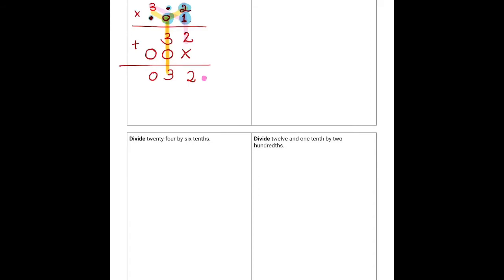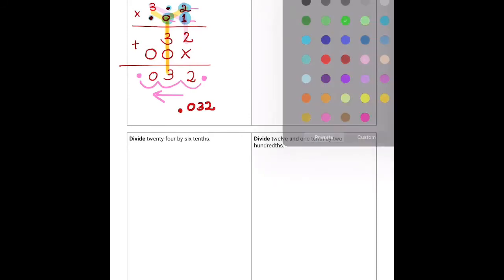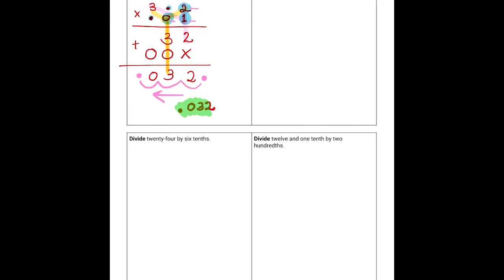So we move it 1, 2, 3 to the left, because there's 1, 2, 3 digits after the decimal point. That's why the answer is 32 thousandths. Okay, so that is the answer to this problem.